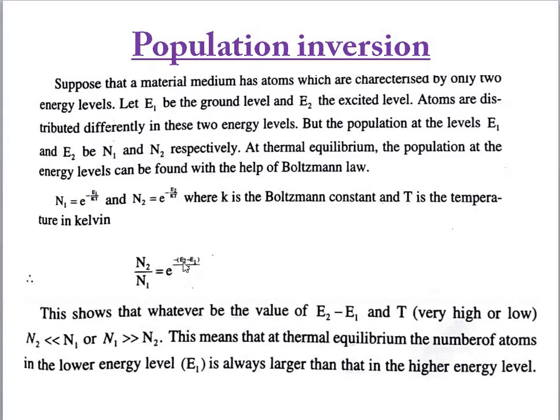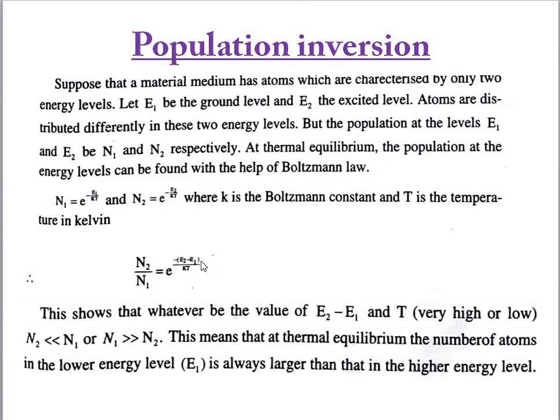We know that E2 is the energy of the excited level and E1 is the energy of the ground level. So E2 minus E1 is always a positive quantity. Normally the value of E2 minus E1 lies around 2 to 10 electron volts, or exactly, sometimes it may be 2.0506 electron volt etc. And the value of kT is around 0.026 electron volt, depending upon temperature, and its value is very low.